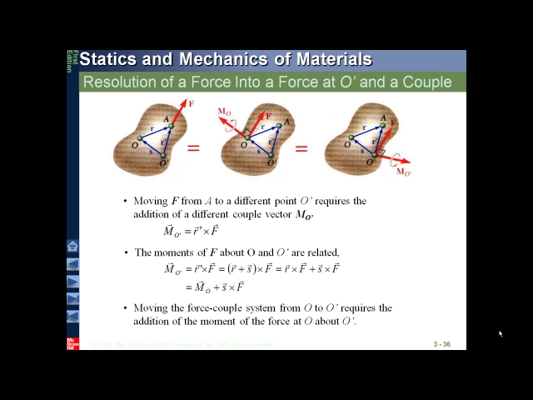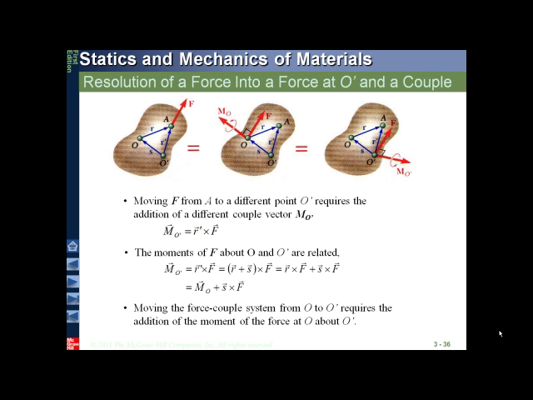The real difference is that the moment created, which they're calling moment O prime, has to be the addition of the original moment created about point O plus the new moment, because now force F is a certain distance away from point O.